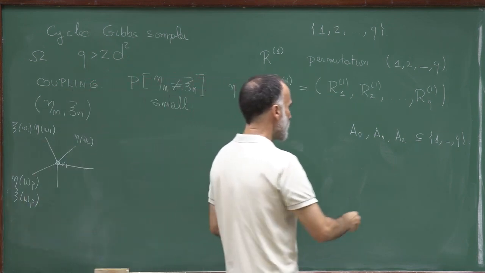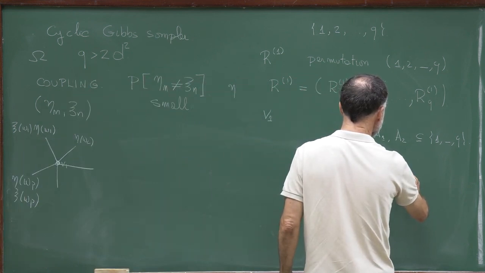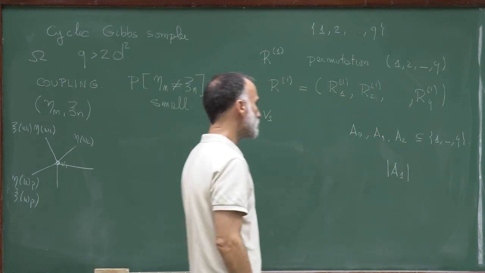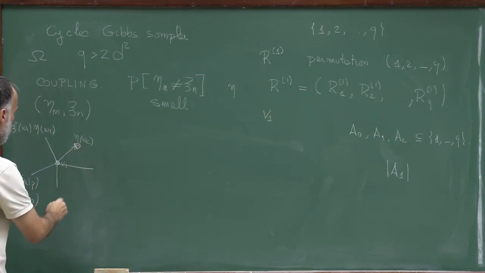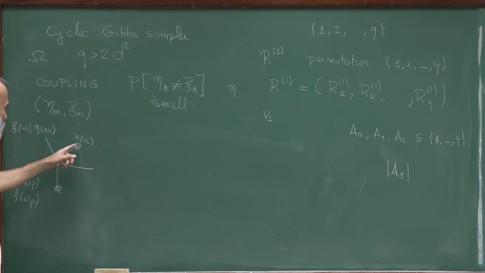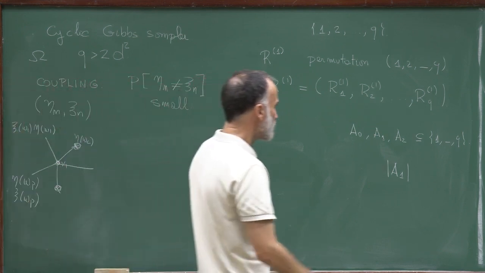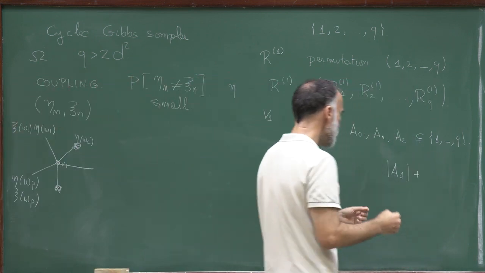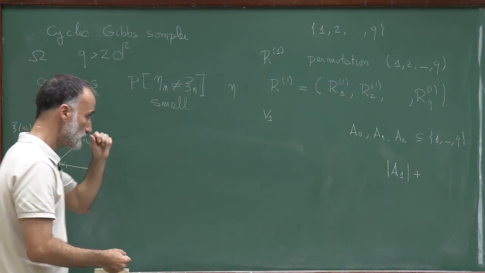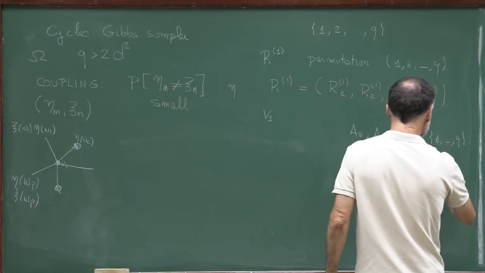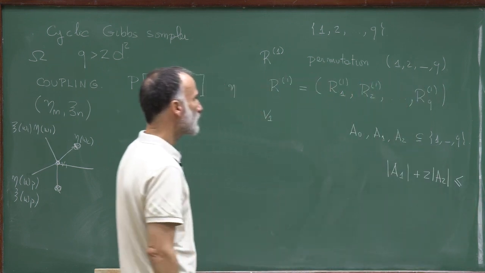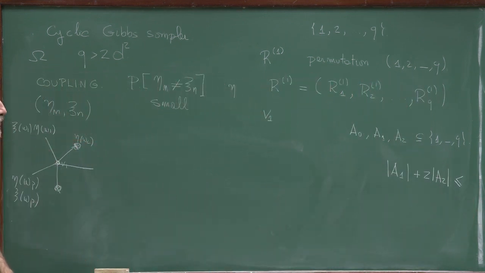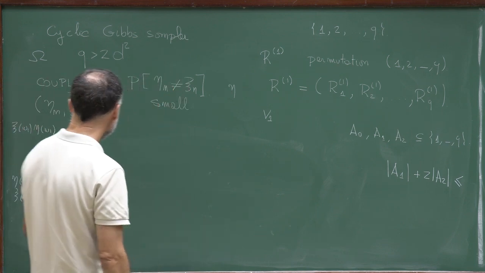So if I count the total number of elements of A1, let's say that I'm taking A1 here. So these are colors. Well, let's set the number of neighbors which use one color, plus 2 times the size of A2, this should be less than or equal to the total number of neighbors of eta times 2.